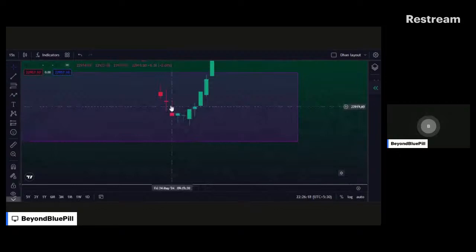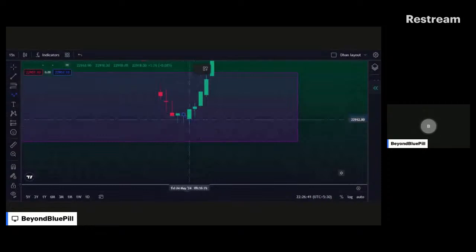This candle right here traded below first and then came above. And here, it traded below the previous low and did not close. And that's a failure to close. You know what I mean? That's a failure to close.